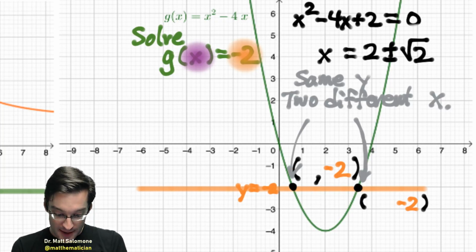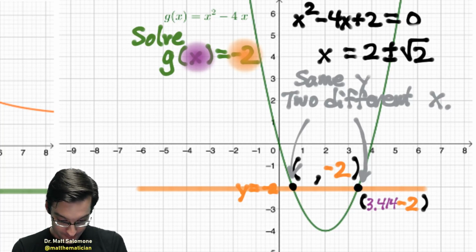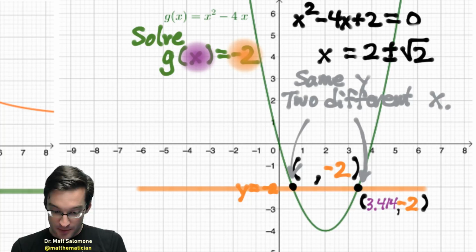And so if you like decimals, which I usually don't, but I'll make an exception for this one just to increase the clarity of what we're saying, one of my solutions is going to be about 3.414 for my x value. And my other solution is going to be 2 minus the square root of 2, which is going to be 0.585 or so.